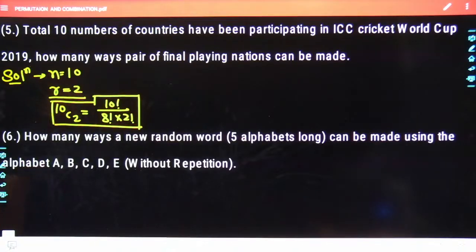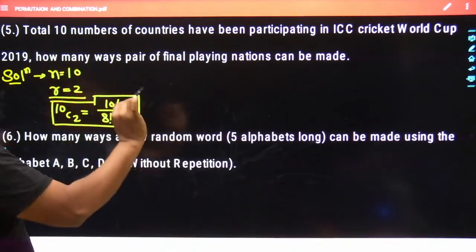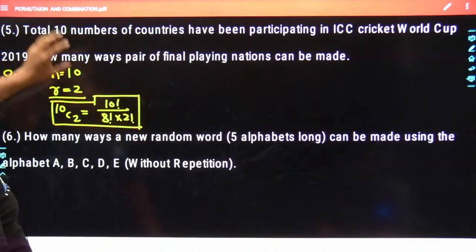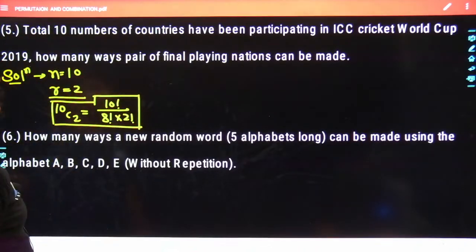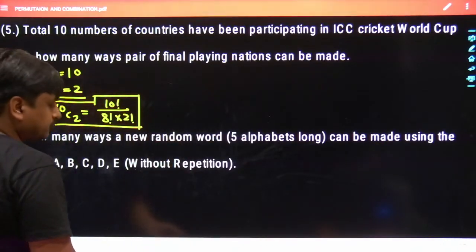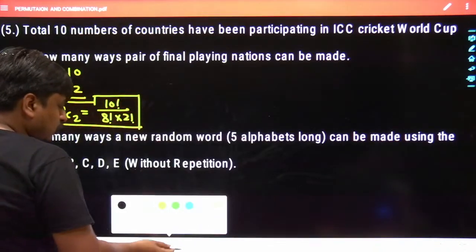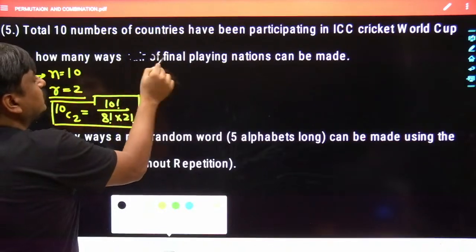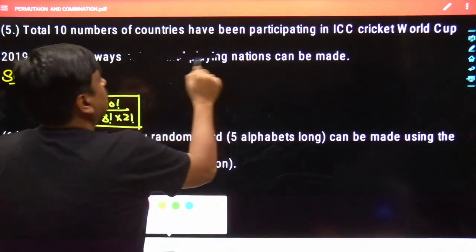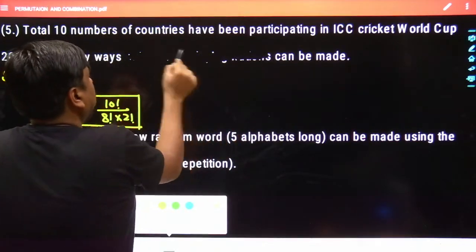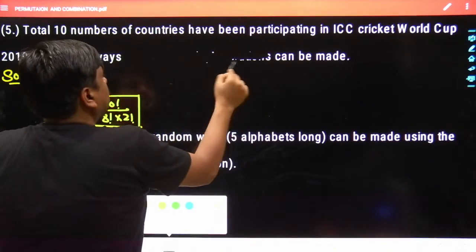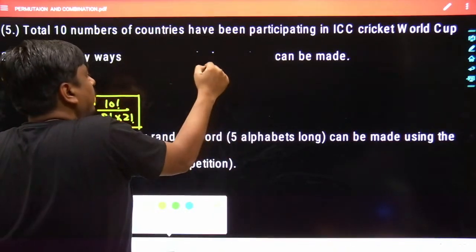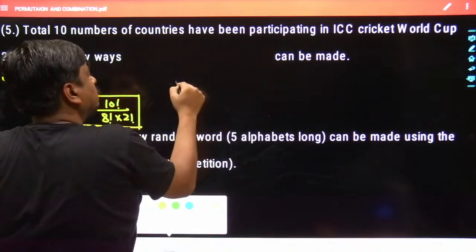Now what I am saying is, if this problem changes its pattern a bit: a total of 10 countries have been participating in the ICC Cricket World Cup 2019. How many ways... I'm just rubbing this part of the question out and going to design a different problem.